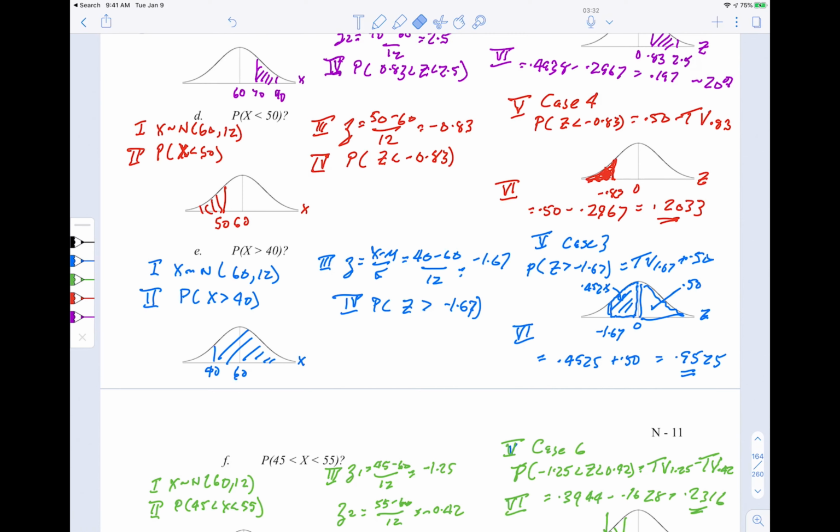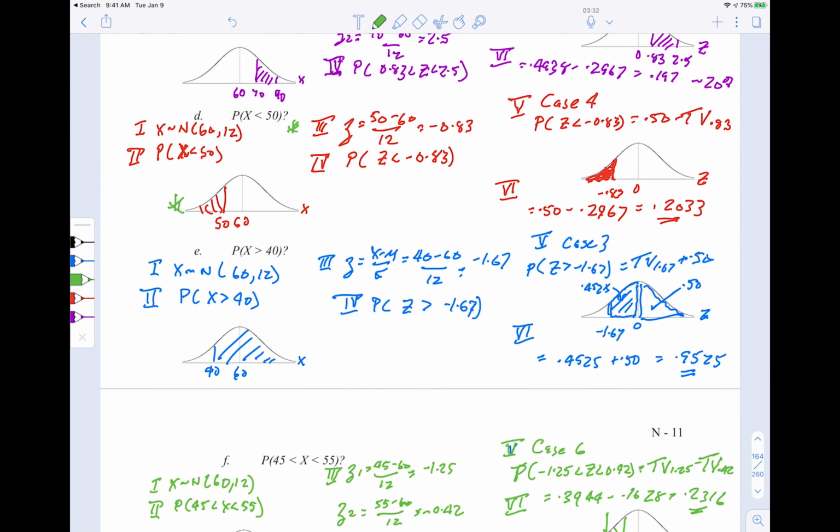When we did this by hand, we calculated a Z value, based on this picture right here. So we're looking at 50, with a mean of 60 and standard deviation of 12.